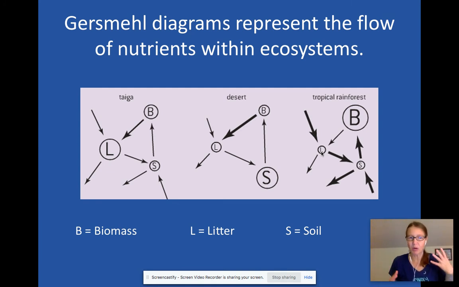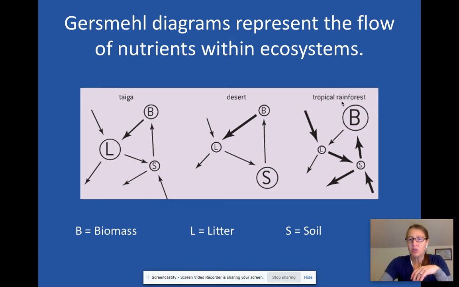Anytime a leaf falls to the ground or an organism dies, there are lots of decomposers that will break that down super quick. It's really warm, and so everything gets broken down really quickly. So whenever a leaf falls to the ground, that gets decomposed, that's what this arrow is, really quickly into the inorganic nutrients that are then stored in the soil. And once those nutrients are in the soil, there are so many plants that they suck up those nutrients really quickly and house them within the biomass of the organisms.